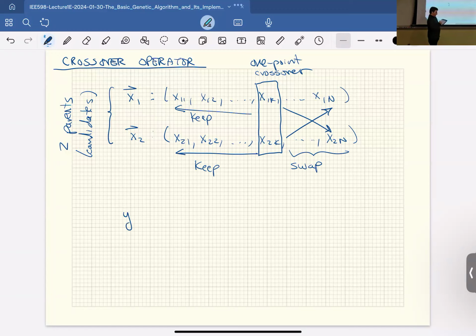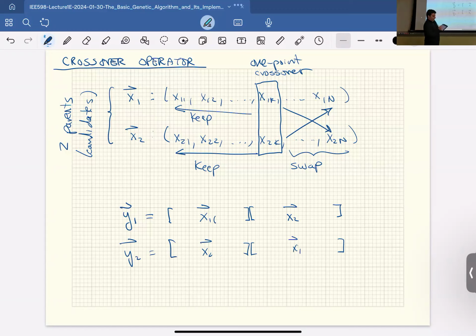So Y1 will look like X1 up to this point, and it will look like X2 from this point over. Y2 will look like X2 to this point, and then X1 from this point on. So this is X1 from 1 to K, X2 from 1 to K, and this is X2 from K plus 1 to N, and this is X1 from K plus 1 to N. So it's maybe easier if I color them.